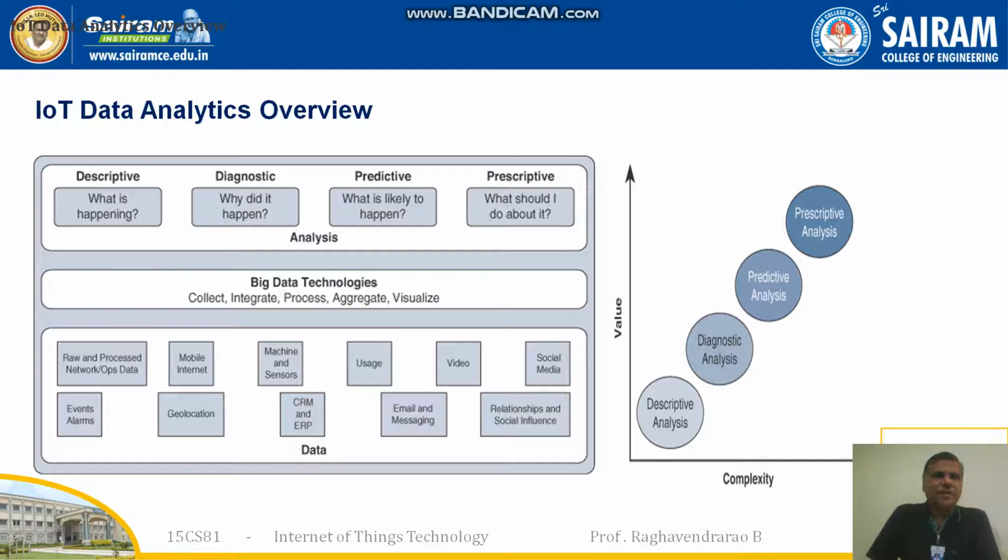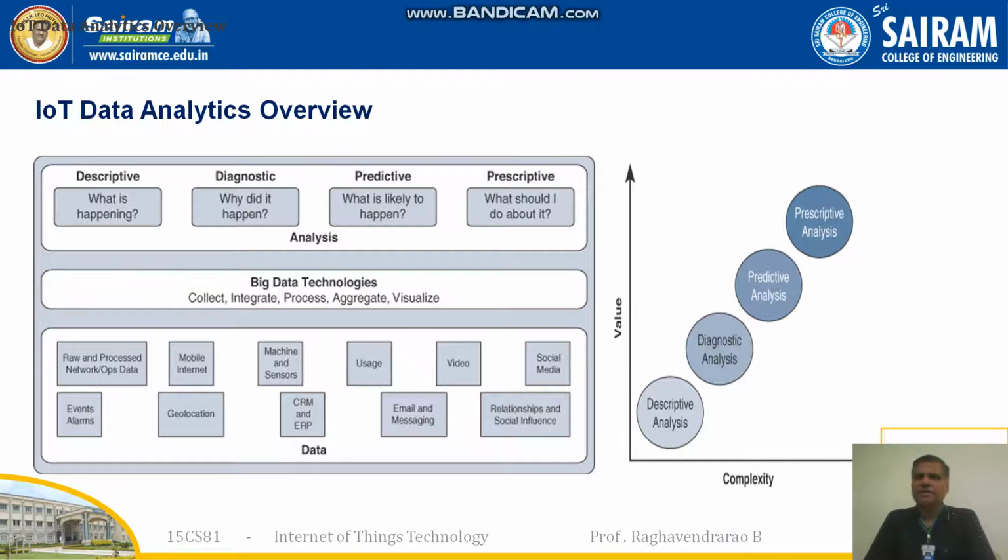That is raw and processed network operations data. Then events and alarms are there. Then media and internet is there. Geolocations are there, geotaggings, geolocations.